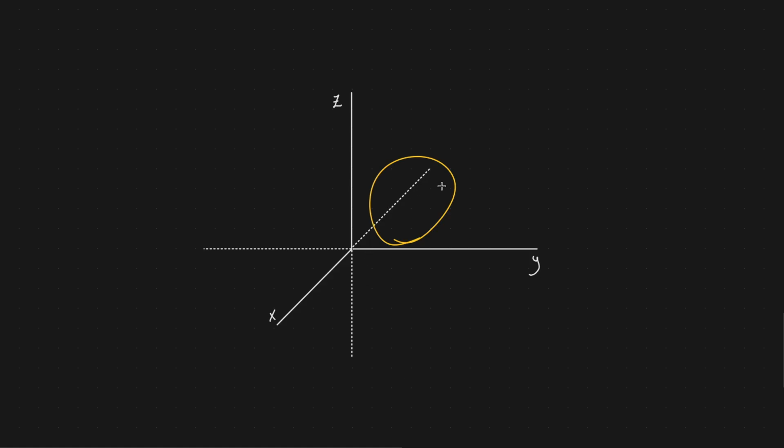Then the one back here where the x is negative and the y and z are positive. There's the top left front corner here where the y is negative and x and z are positive. Then there's the top left back.